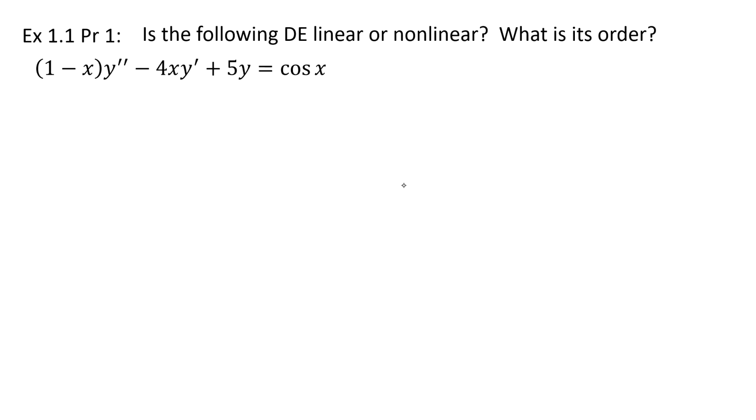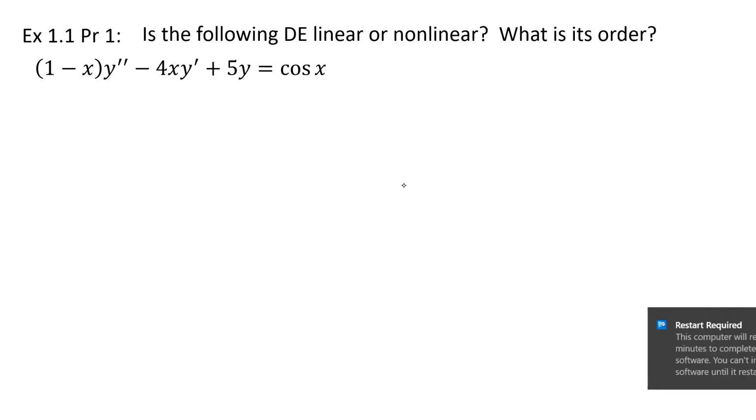That's good. Now final thing, coefficients. Is the coefficient of y double prime purely a function of x? What is the coefficient of y double prime? 1 minus x. Is that purely a function of x? Yep, it is. What's the coefficient of y prime? Be careful. Do not say 4x.